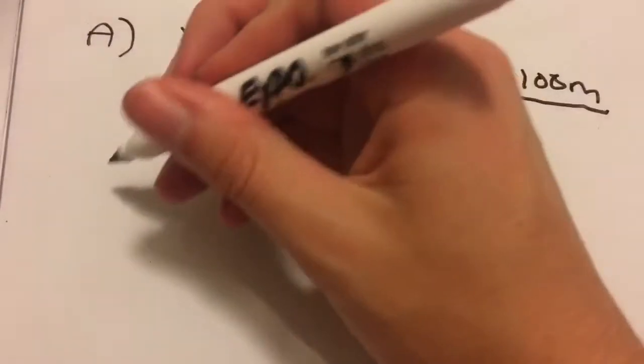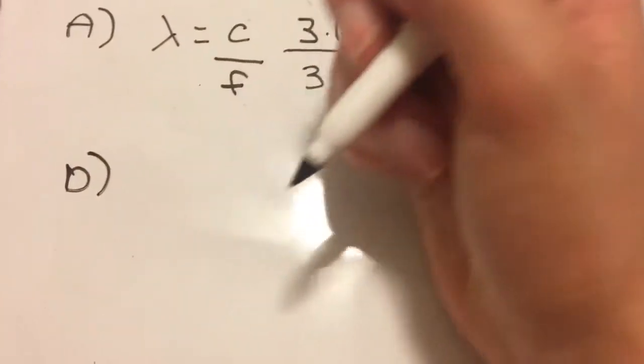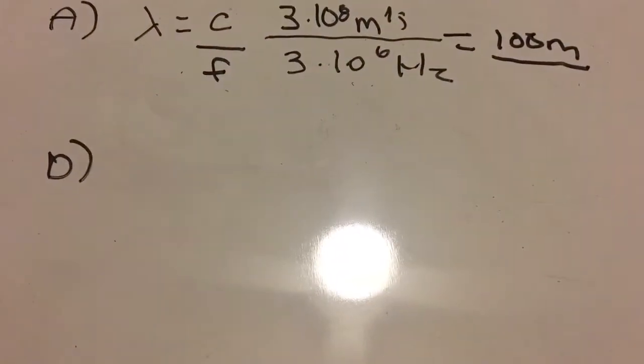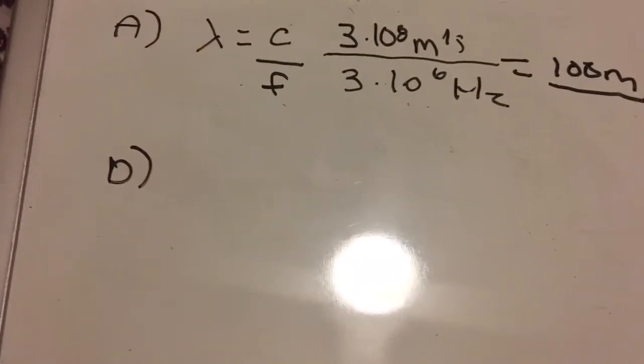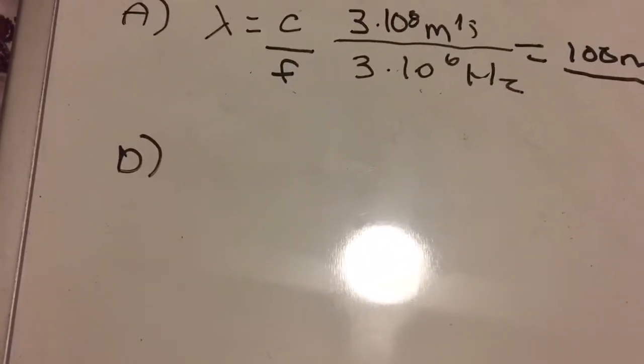Next, we are asked to solve for the delta psi. And to do that, the first thing we need to do is find the path difference between the waves.